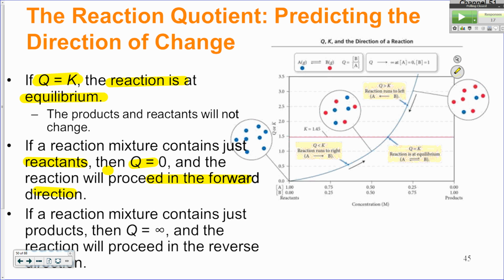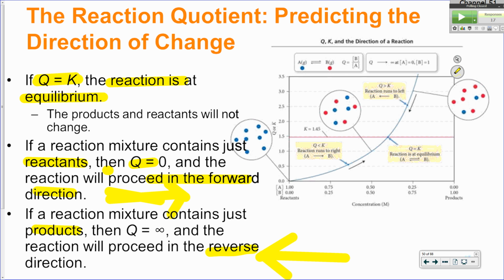It's got to go in the forward direction. So anytime you just start with reactants, it's got to go in the forward direction. And the opposite is true. If I just start with products, that ratio would be infinity, and infinity is greater than K. So then it's going to go in the reverse direction, if it starts with just products as written.